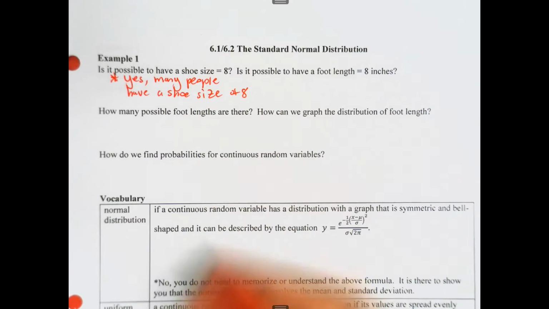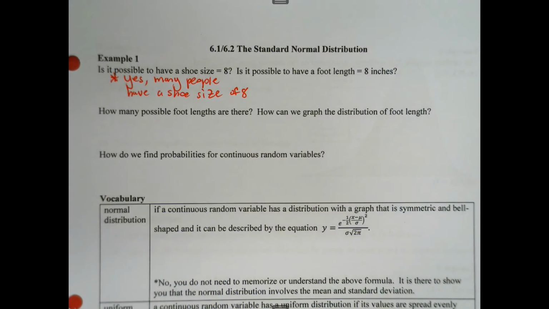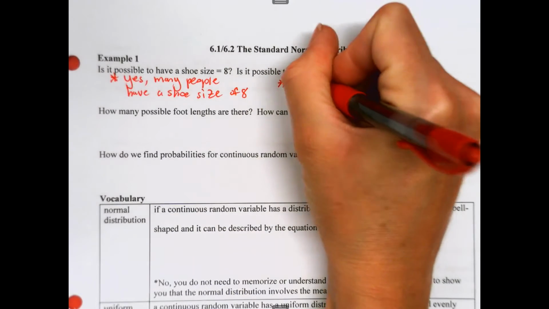The second part here says, is it possible to have a foot length of 8 inches? Depending on how accurately we are measuring, it could be possible to have a foot length of 8 inches, but it's never going to actually be 8 inches. So no.